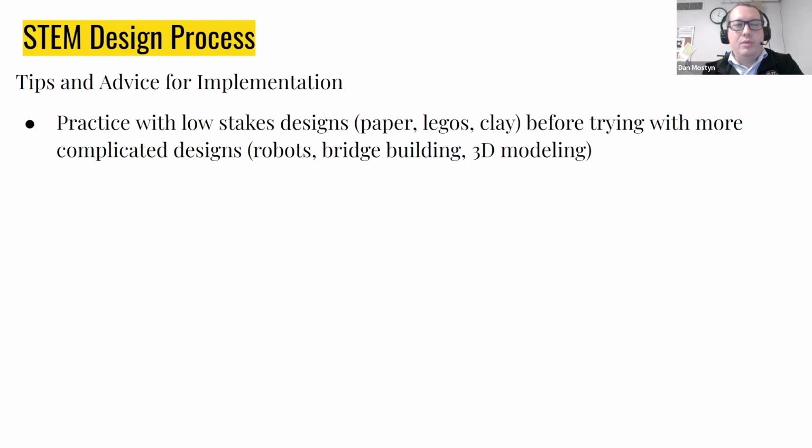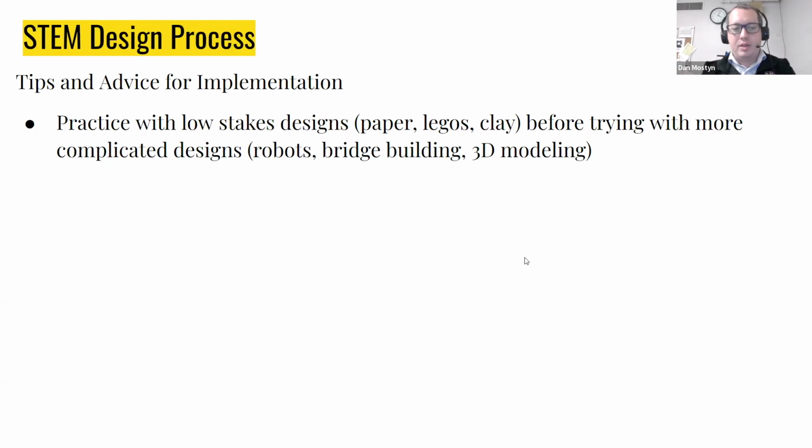If you're going to do this for a larger design, maybe you have a grant and you want your students to make a garden out in your class, next to the playground, I would make sure before you try this with a big design that you practice with low stakes designs, like with paper or with clay or with Legos.